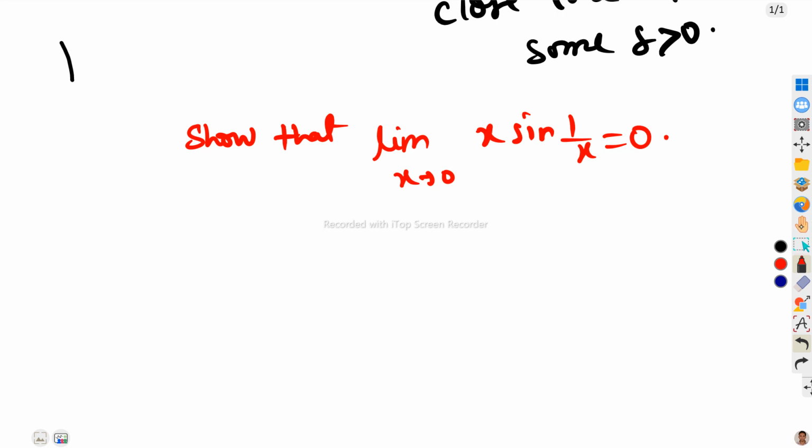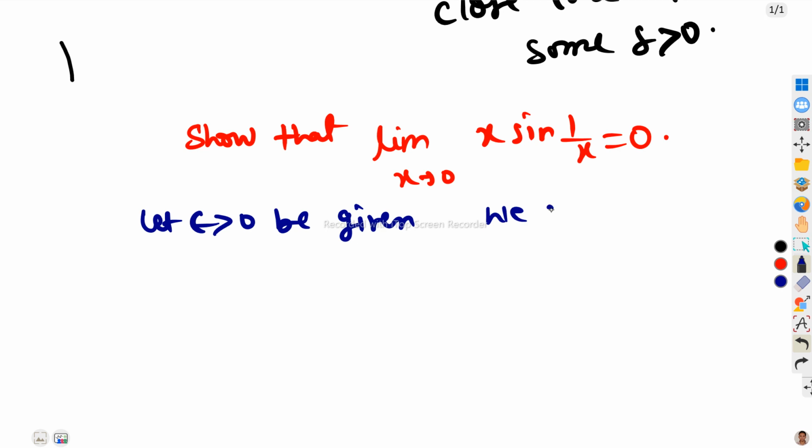Note that this formal definition of limit is used in proving limits. So let epsilon greater than 0 be given.